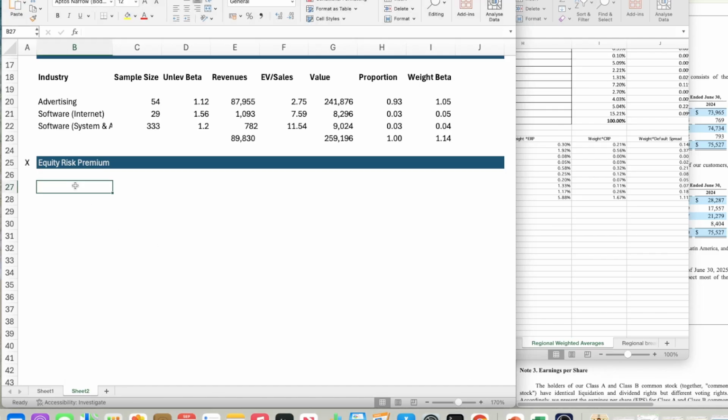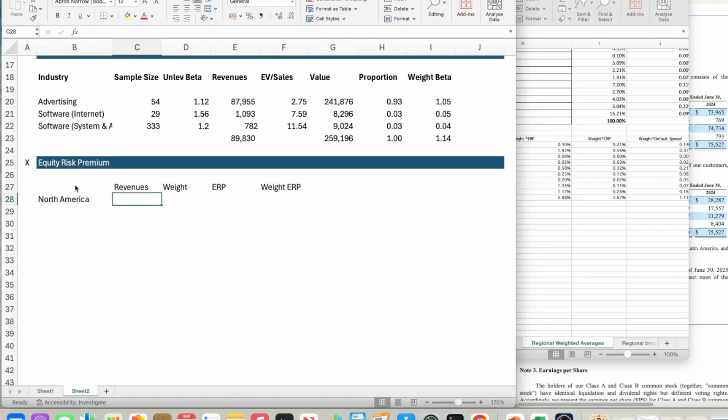Okay, so we're gonna go US. Actually, we can just put North America. We want the revenues, the weight, the ERP, and then the weighted ERP.